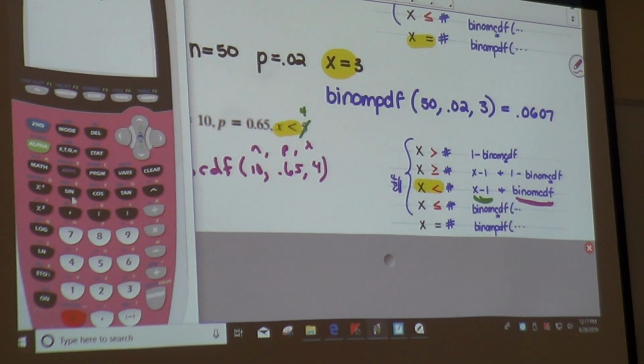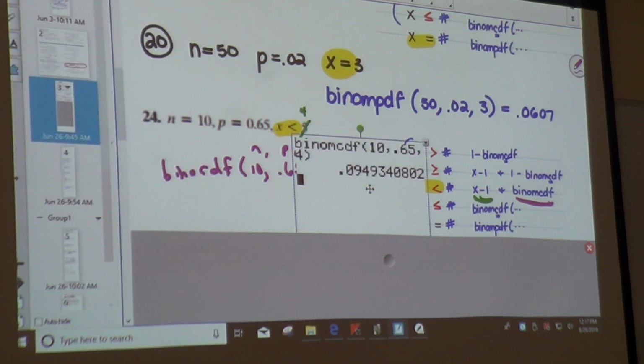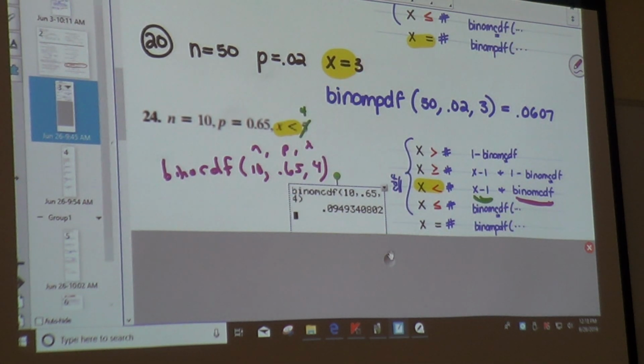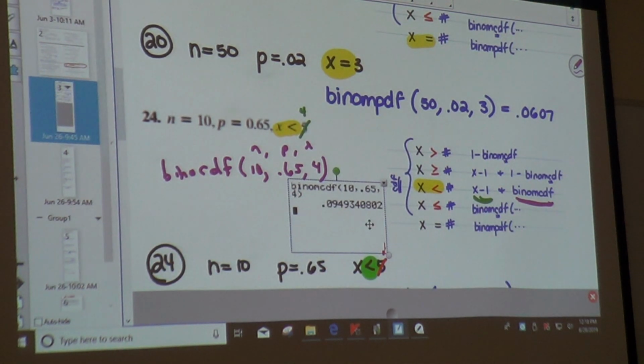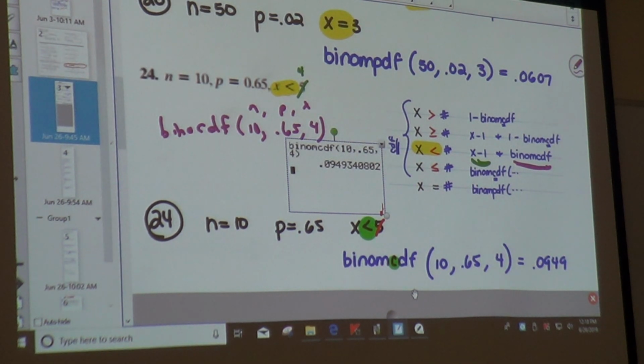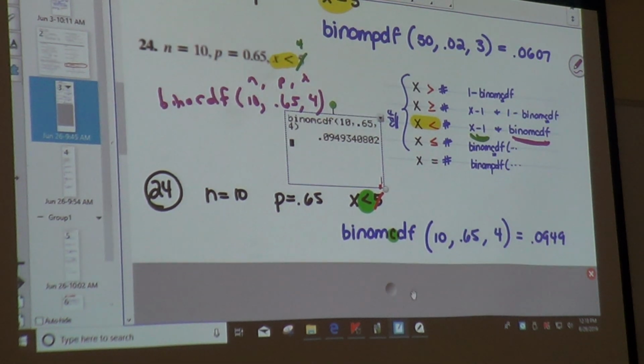And I'm going to do 10, 0.65, 4, because I had to subtract the 1. There's my answer. As long as you know those rules, easy breezy. Let's try another one on your own.